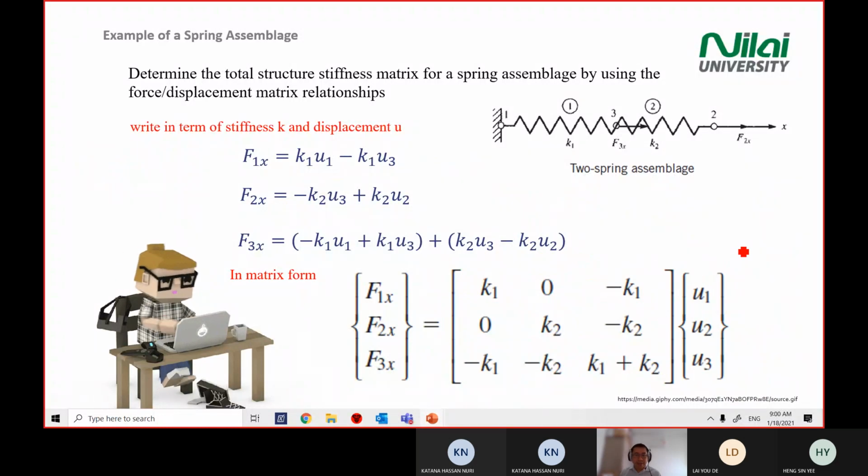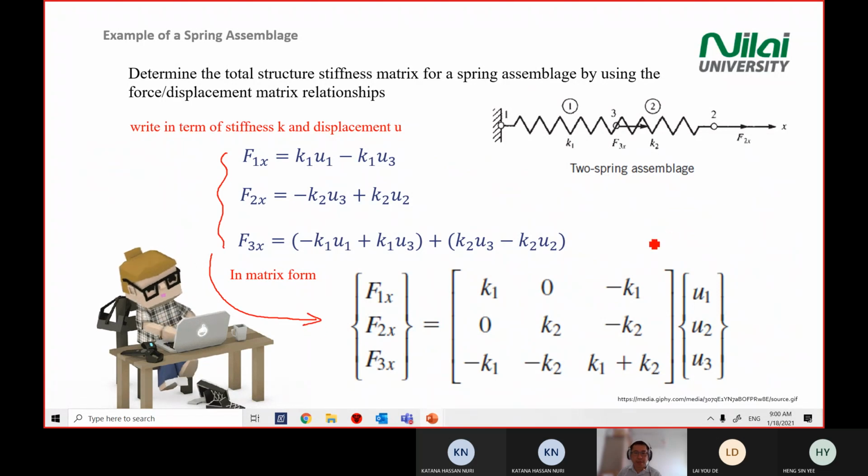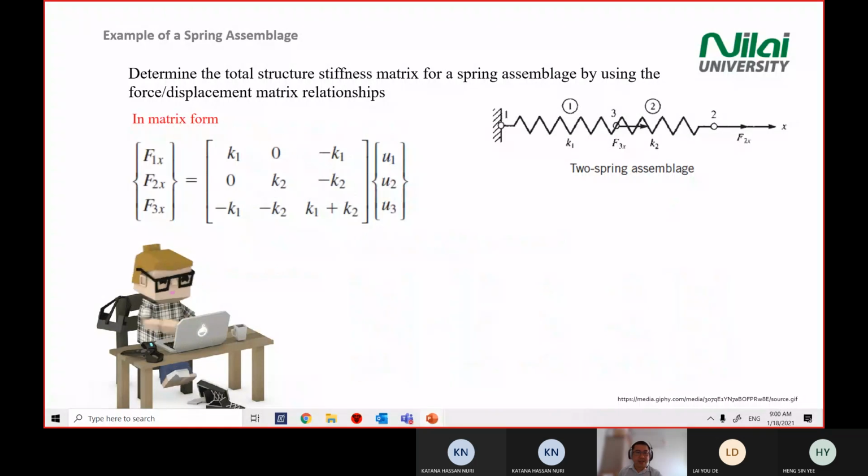Anyone not sure how to transform these 3 equations into matrix form? Anyone still blur? Good. Okay.